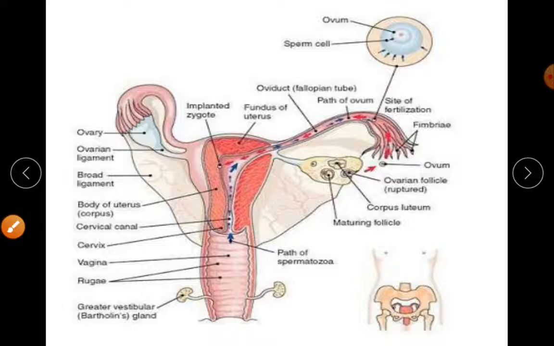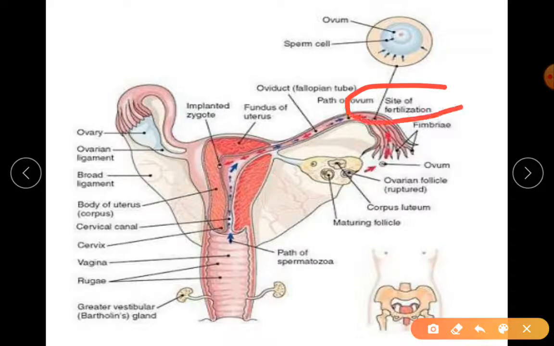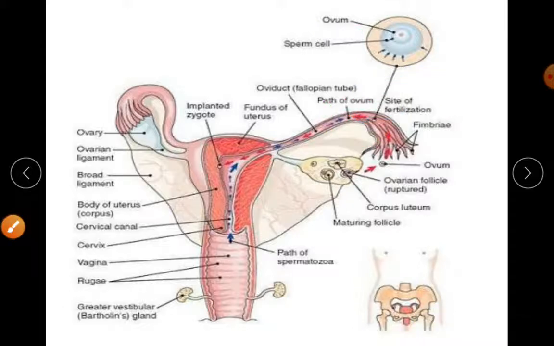Observe what is written here: site of fertilization. This region is where the sperm enters or penetrates the ovum and fertilizes. So this is one idea I gave you of where the fertilization occurs.